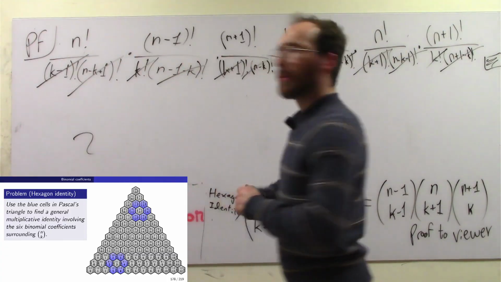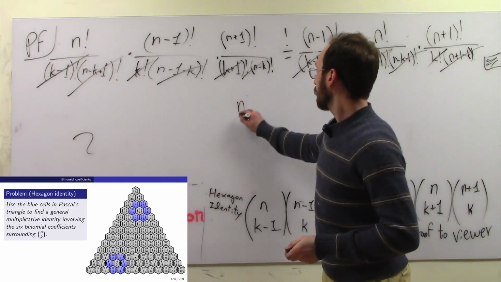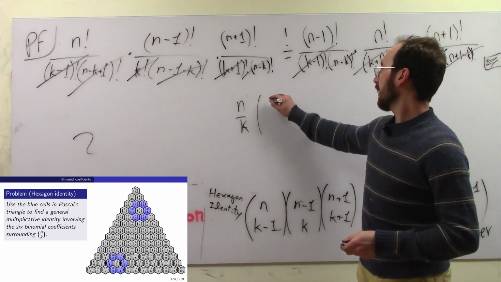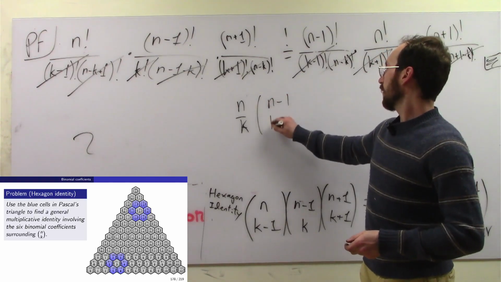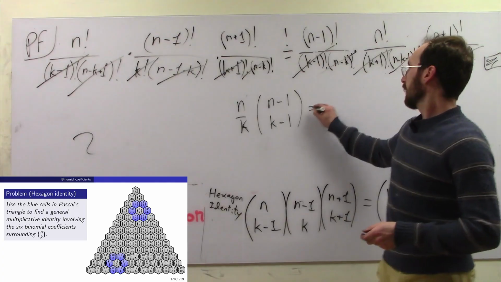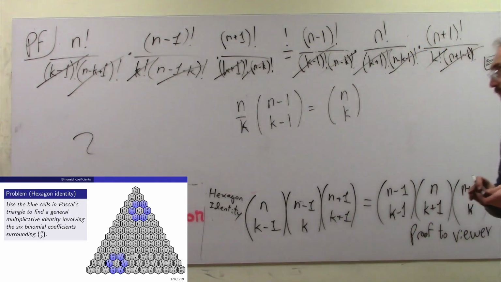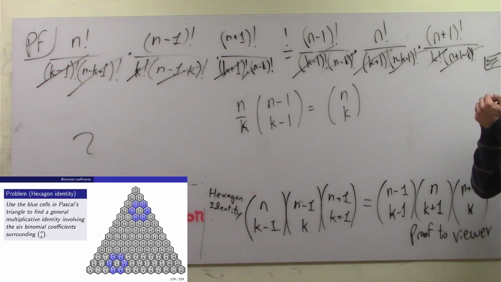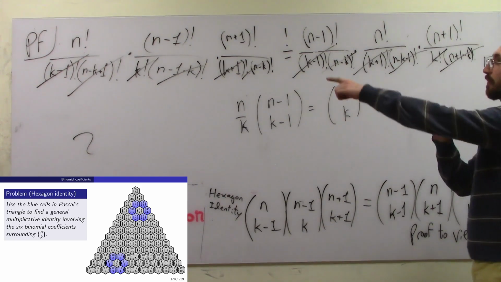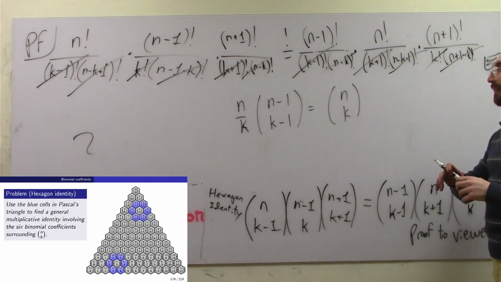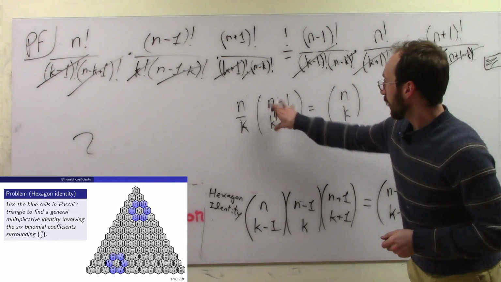Yeah, and going off of that, how I was discussing this n divided by k times n minus 1 choose k minus 1 equaling n choose k. It does flow out if we think about this with the factorial identity, because what do we have right here?